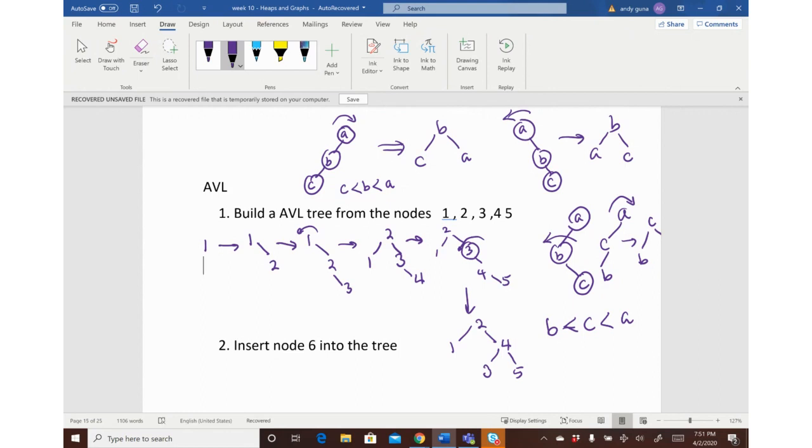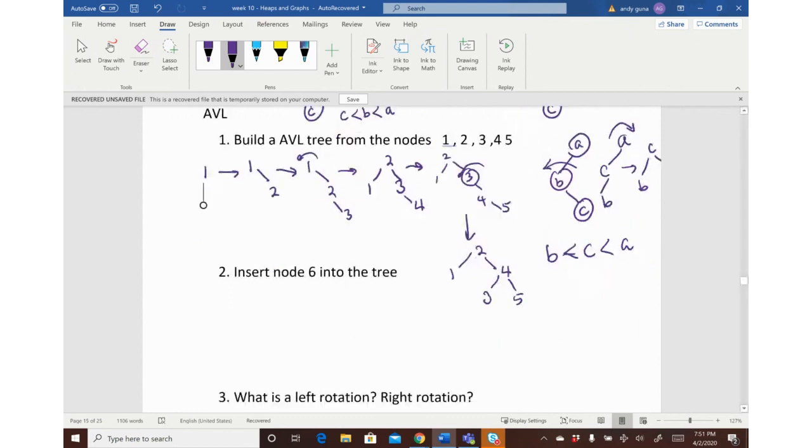So now let's insert 6 into the tree. So right now it's an AVL tree because you can compute the balance factor for all of these nodes, and you will find out that it's an AVL tree. So if you insert 6 into this tree, you're going to get this.